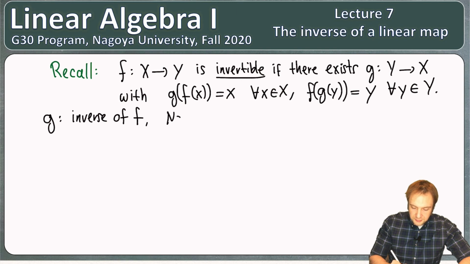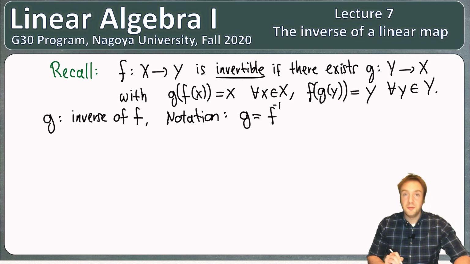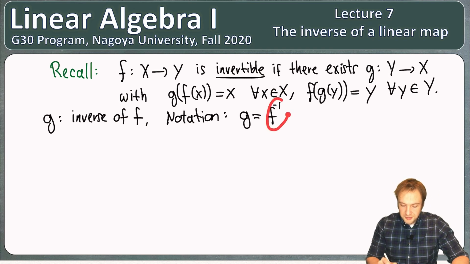And the notation is that we write g is f to the power minus 1. So this doesn't mean we divide by f. This is the definition of this notation, that this function with this property here is f to the power minus 1.